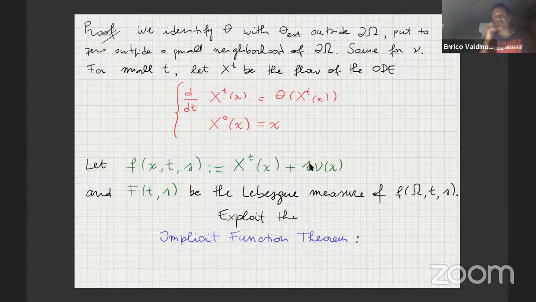Okay, the reason for which I want to do that is because maybe it's true that theta had zero flux, but it's not so obvious, and maybe not even true, that the flow generated by theta is going to be volume preserving as it is. I may want to change it a bit in the normal direction to make it a bit outside or inside, outer or inner, to compensate some loss or gain of volume.